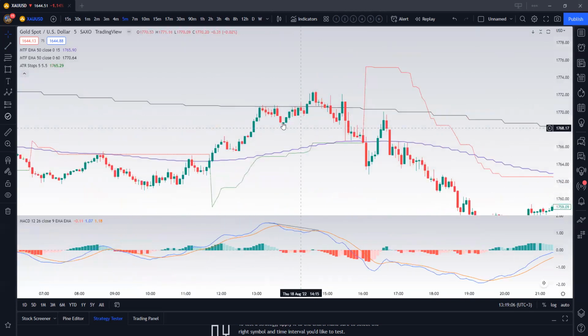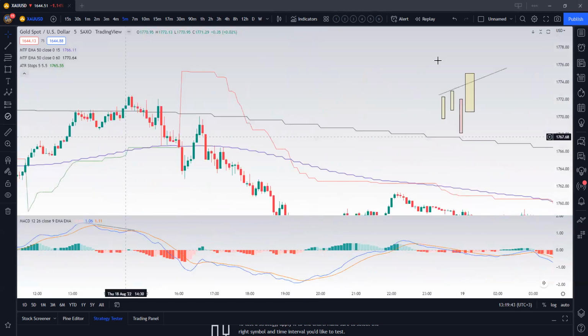As you can see right here, we have a push to the upside, then a correction, then another push to the upside. But in MACD, this shows that we have weakness. Why? Because you can see that we moved up, then we corrected, then we moved up again, but on the MACD we're showing divergence, which is a weak move to the upside. So with that being said, we have divergence.